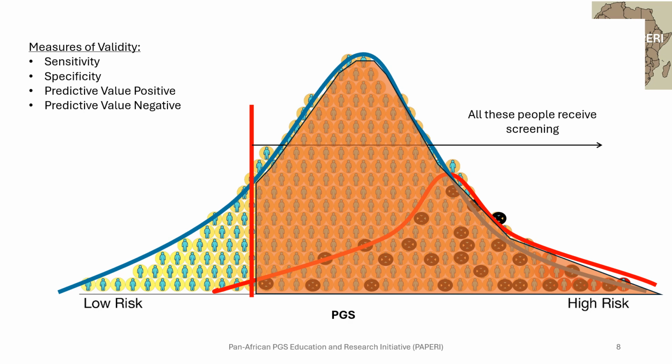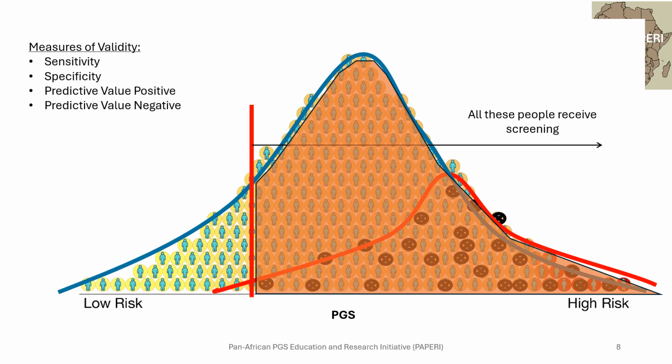Because we're allowing everybody with this low polygenic risk score or higher to receive the altered screening protocol, we will get all of the people who are destined to have the outcome, but at the same time, we are getting such a large portion of people who are not, right? And in this case, all of these people have to spend the time and money and possibly undergo the discomfort of more frequent screening procedures or undergo a lifestyle intervention that really wouldn't be beneficial to them.